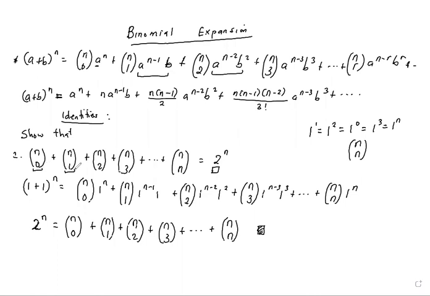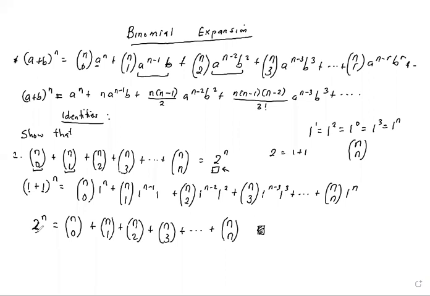Then you come this side, you find there is 2. Then you know, oh, okay. This means that since 2 is the same as 1 plus 1, it could be that where there is A, we should have 1. Where there is B, we should have 1, in brackets to the power n, so that when we add, we get 2 power n.